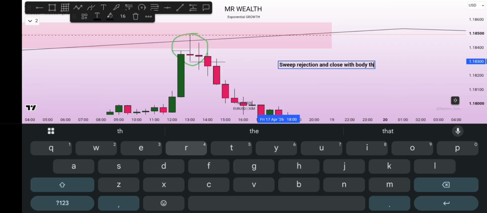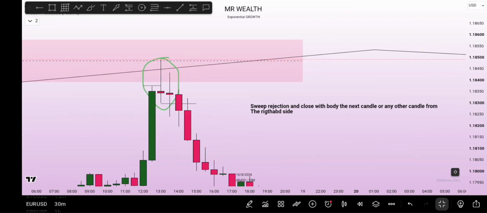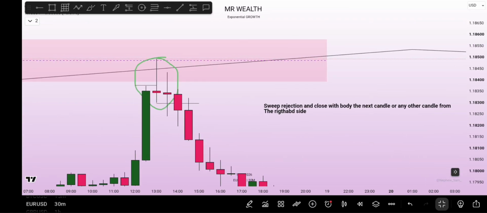Then the next candle or any other candle from the right hand side. So that is it. And see there over there. Let me explain it again.